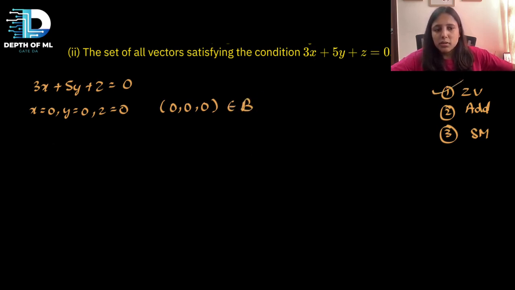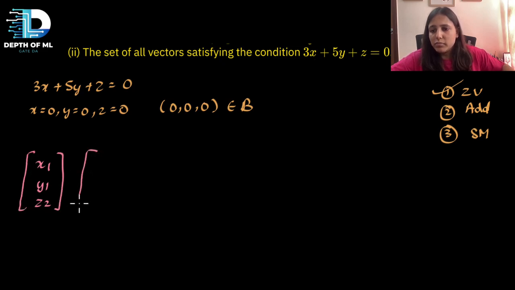Now let me take the addition part, closed under addition. Let me take two vectors of the form x1, y1, z1, and another vector x2, y2, z2, and let them belong to B.